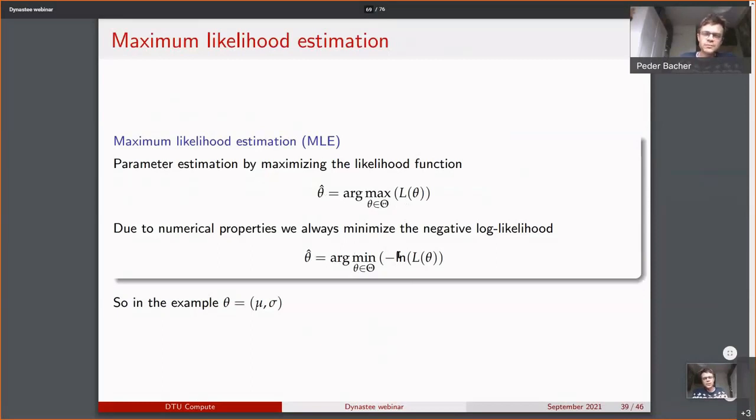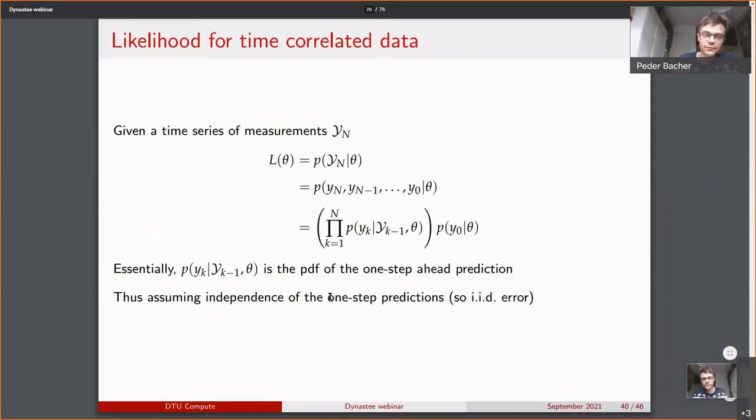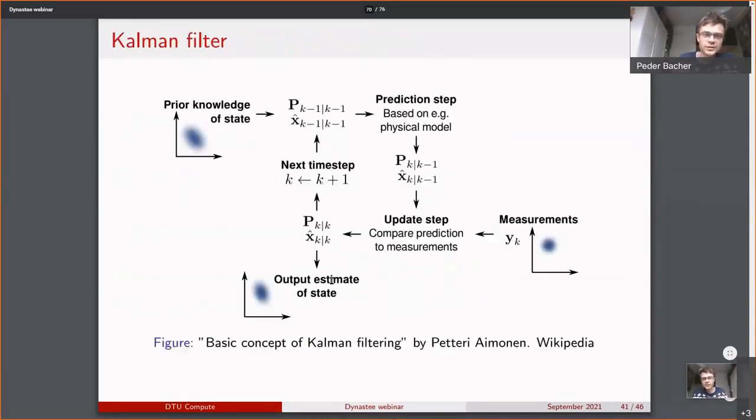In reality, we minimize the negative log likelihood function, but that's for numerical reasons, and you can look that up. This is just something very broadly used in statistics, so we use it here for these greybox models.